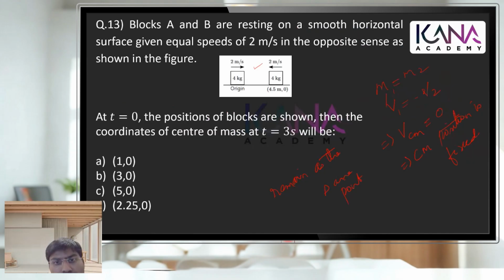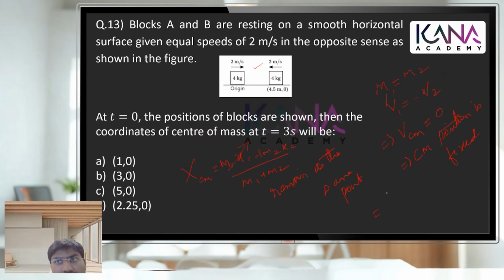Yeah. So if you want to find the actual x in centimeters, it will be m1 x1 plus m2 x2 by m1 plus m2. If you substitute these values, both masses are 4, but x1 is the origin, so this will become 0.